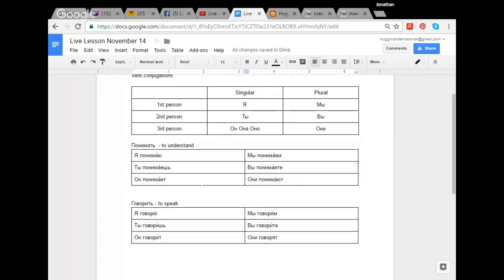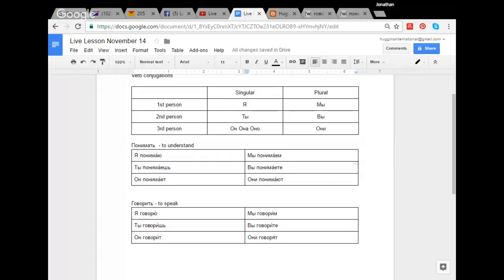Let's look at the second group here, the so-called second group, with govorit, to speak. So can you read these for us? Sure. Я говорю, ты говоришь, он говорит, мы говорим, вы говорите, они говорят.